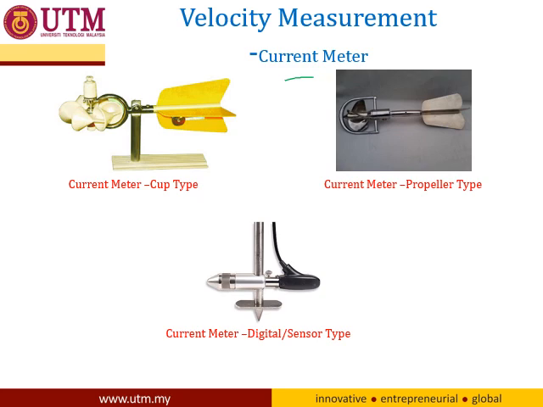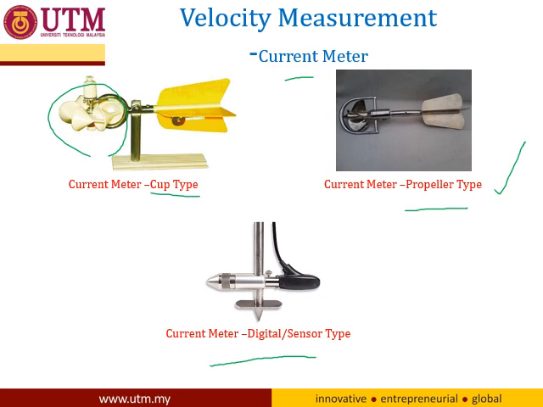There are a lot of types, like the propeller type and the cup type. Personally, we never use the cup type, but the propeller type we always use, and also some sensor types, which use a transducer or electrical method.